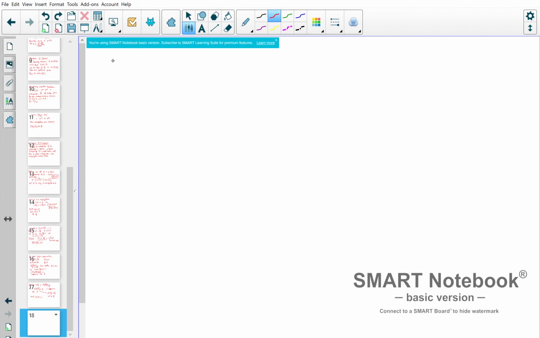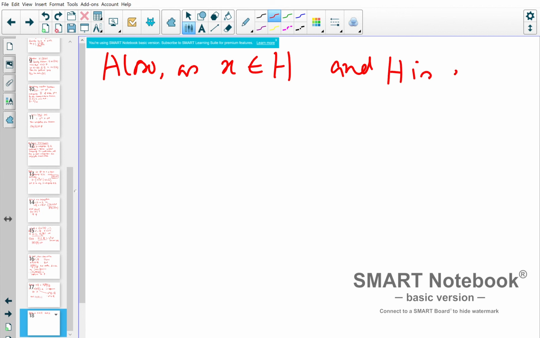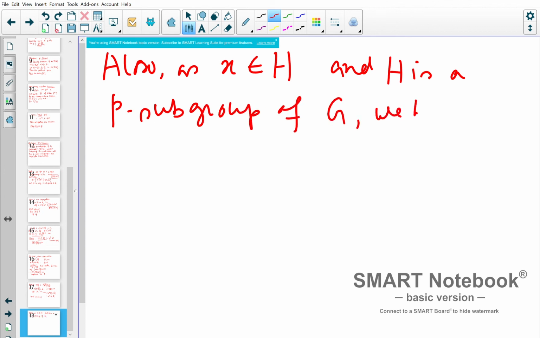Also, as x belongs to H, and H is a p-subgroup of G, the order of x is some prime power, right?